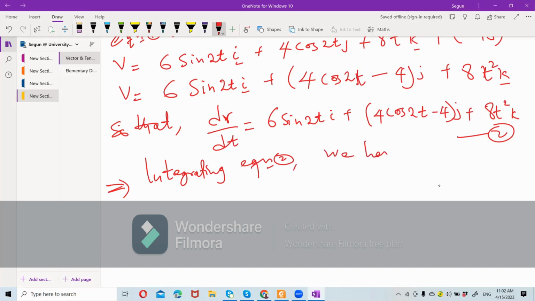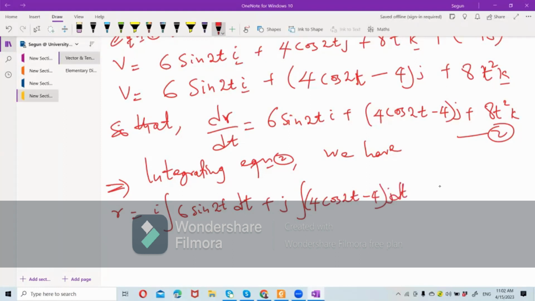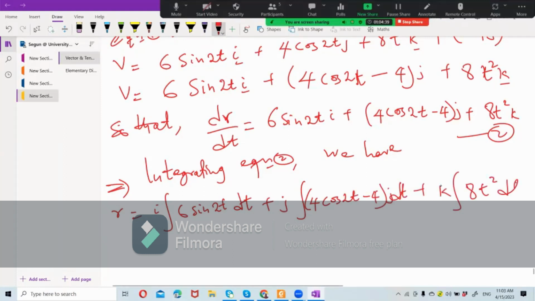We have r equals to i integral of 6 sine 2t dt, plus j integral of 4 cos 2t minus 4 dt, plus k integral of 8t squared dt.